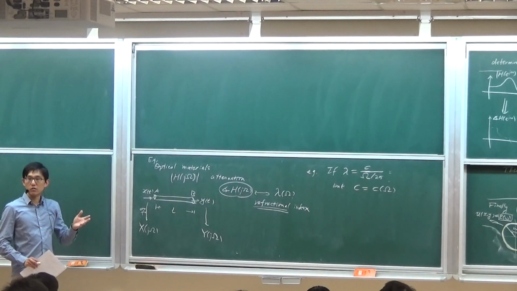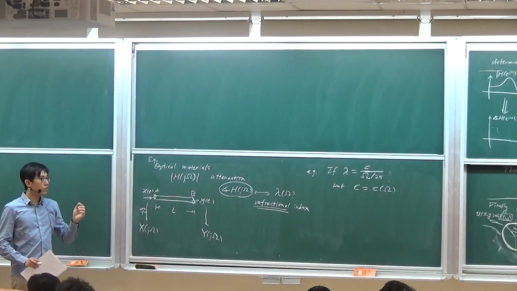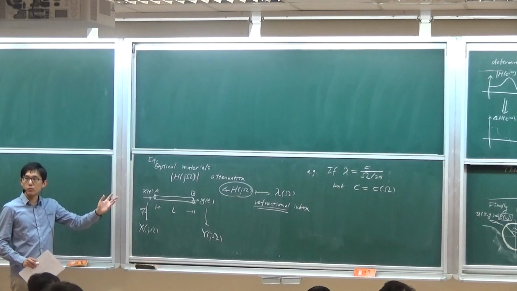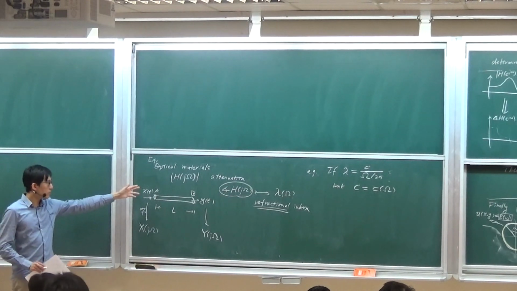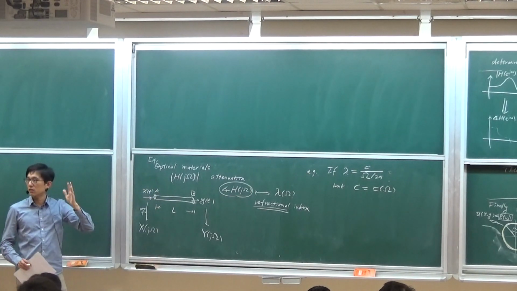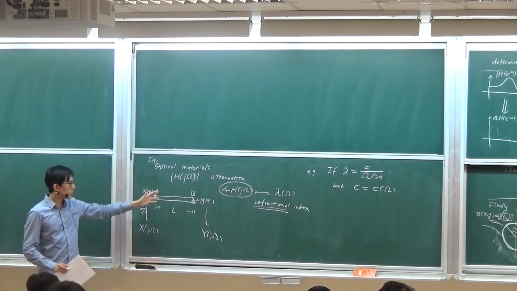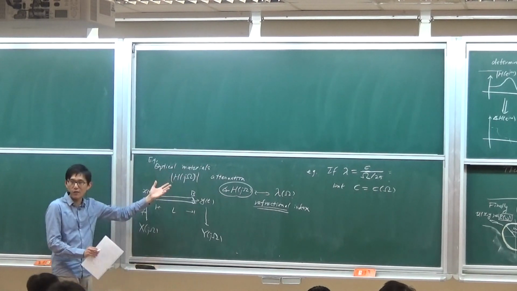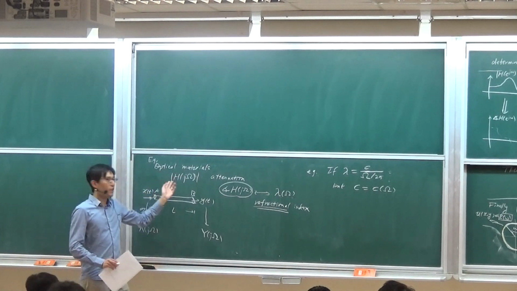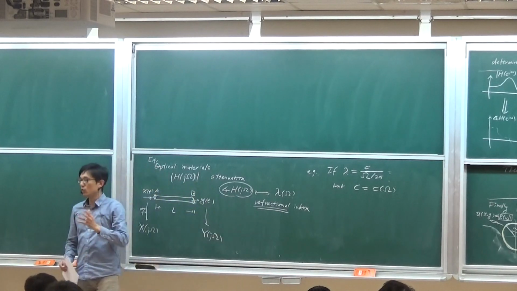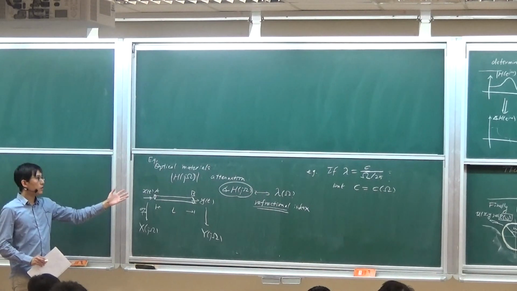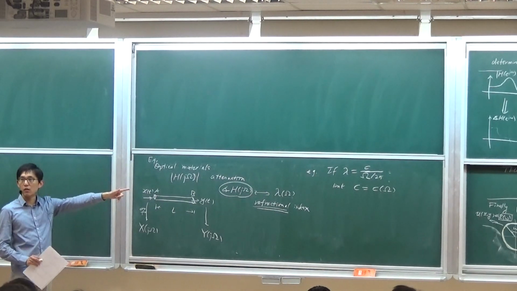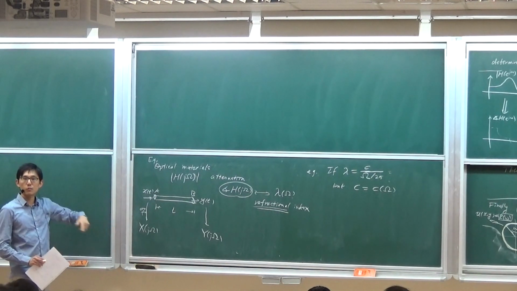So you can say the reason why this particular color of light cannot penetrate is because the real part and imaginary part are not independent. Attenuation and refractional index could be related for a piece of material, if the material satisfies our minimum phase property.